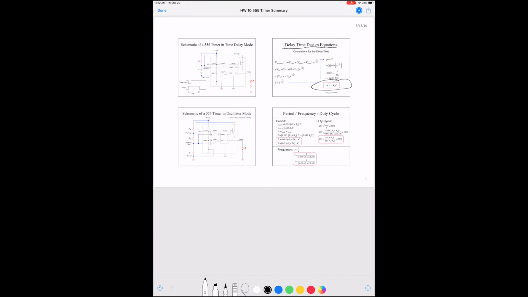Now, if we take a look at this, this is our 555 timer in oscillator mode. And these are the equations which correspond to that. And what we'll notice is RA is the resistor on top, and RB is the resistor on bottom.